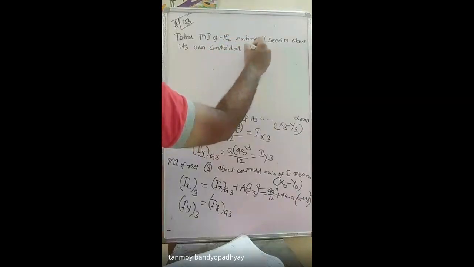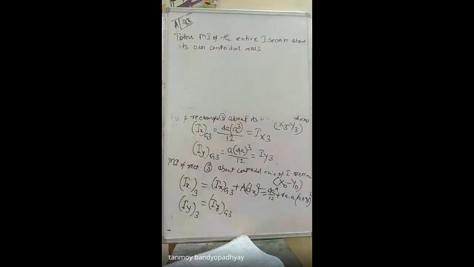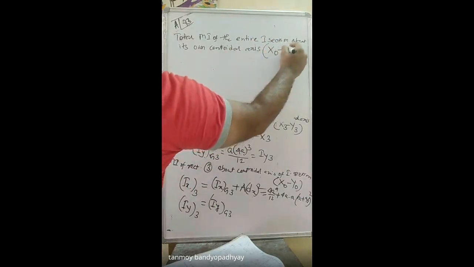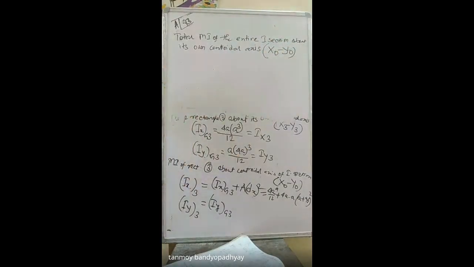The I section becomes a composite itself; the rectangles are now non-existent. Now this axis system x0, y0 is the global axis system for everything. So whenever you are defining the I section, you can just write this formula itself, but that will be about the centroidal axis for the I section.